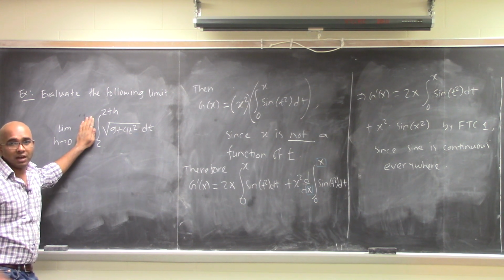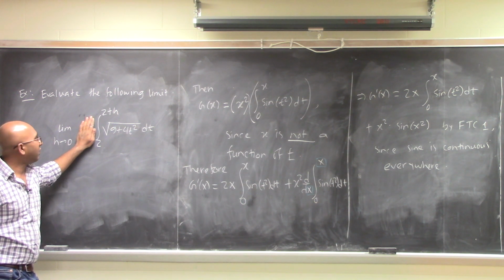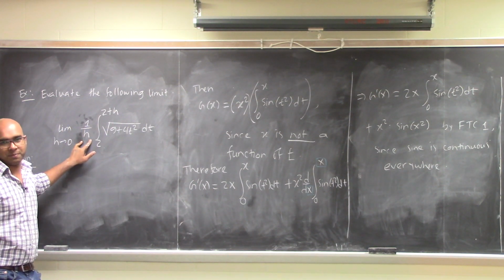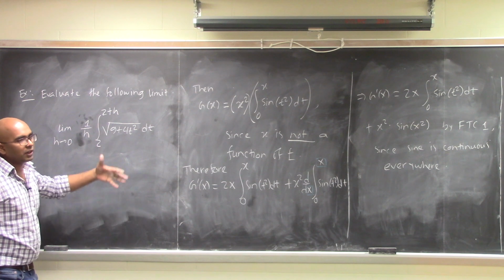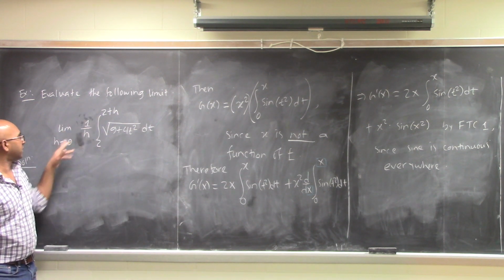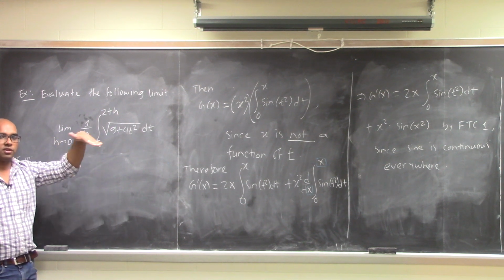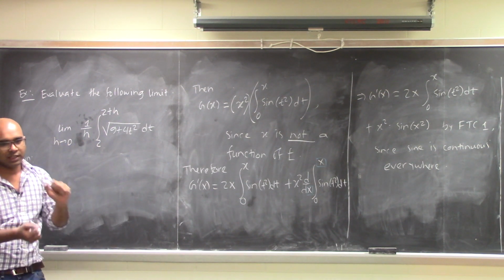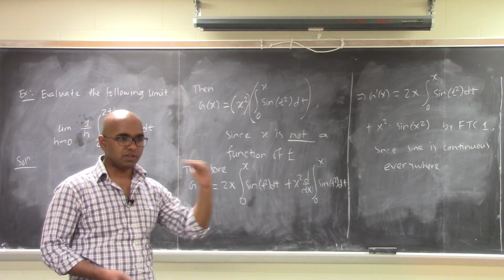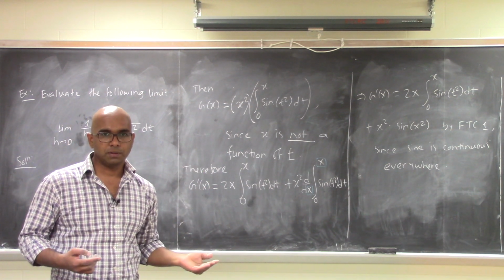Well, that's a legitimate argument. But the thing is, this function is not just that. You have a 1 over h hidden. Then according to your analysis, this becomes 0 over 0 because h is approaching 0, right? So on top it is 0 and at the bottom it is 0. Now this is a really bad situation for a limit. If you have 0 over 0, many things can happen.